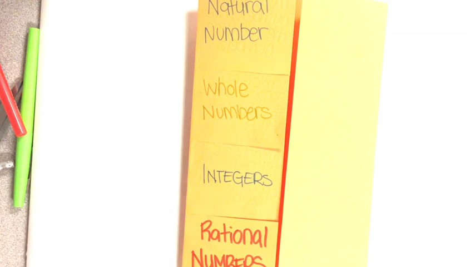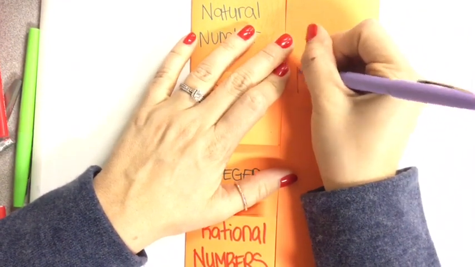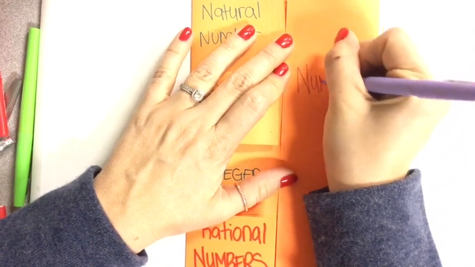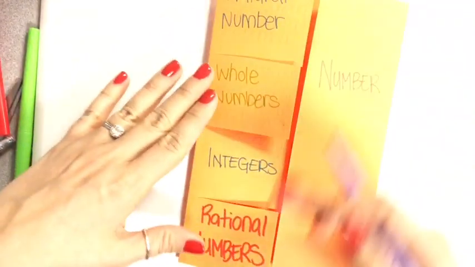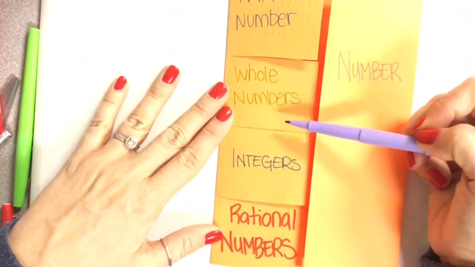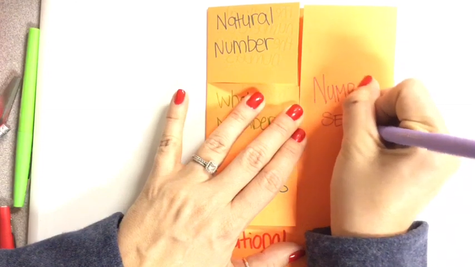So on the right side, we're going to represent these using a Venn diagram that's a little different than your normal Venn diagram. So let's title this side number sets. So these are kind of sets of numbers. Natural numbers is a type of number. Whole numbers are types of numbers. So we call these number sets.